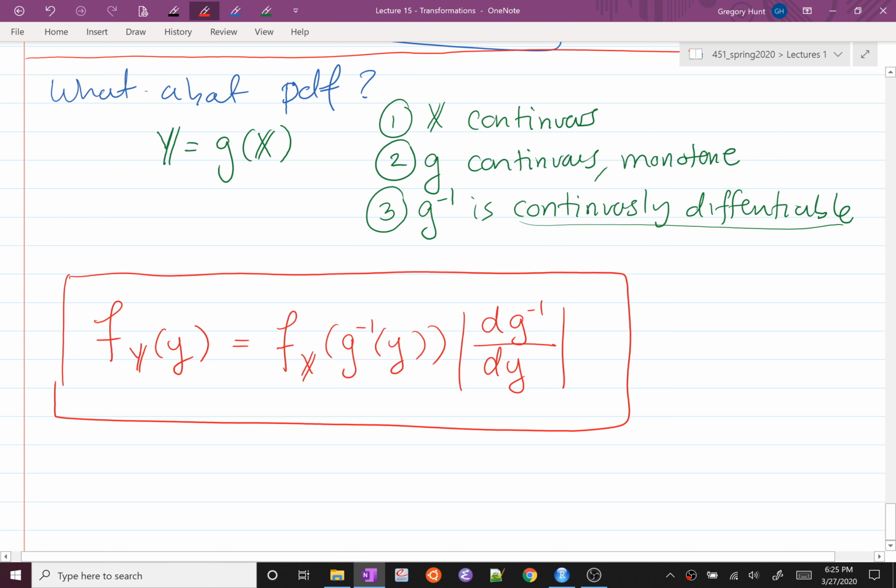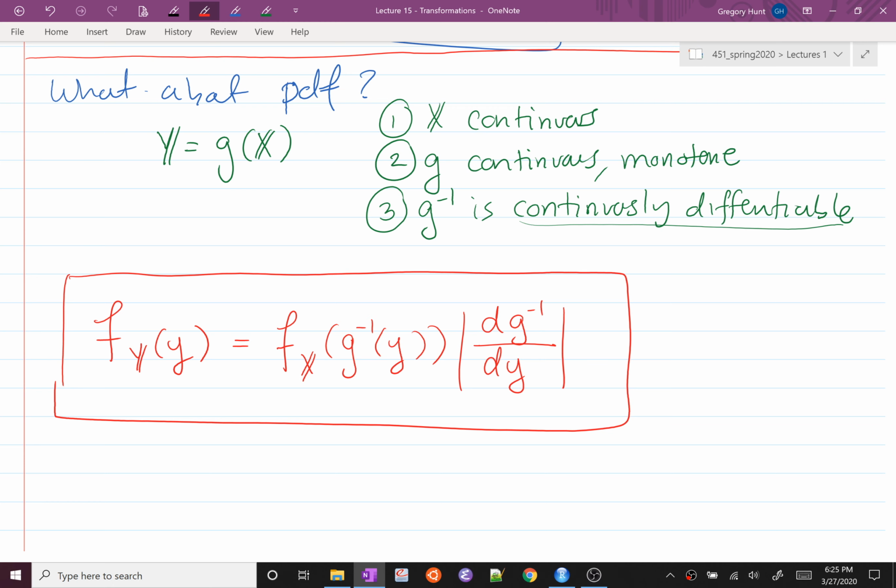It says that the PDF, or the density, of y is the density of x evaluated at the inverse, but I have to multiply by the absolute value of the derivative of this inverse. And that absolute value of that derivative basically tells me how much does my function g stretch or squish my space. Derivatives are rates of change. They're kind of how much do I deform the space.